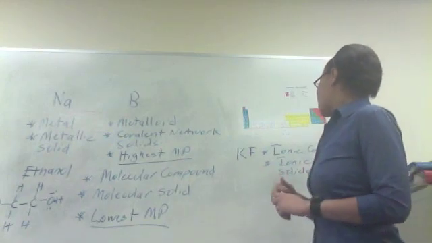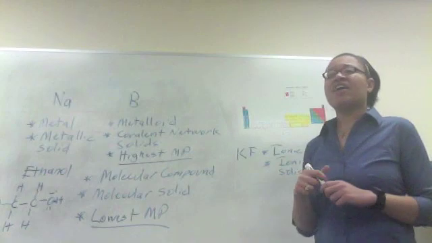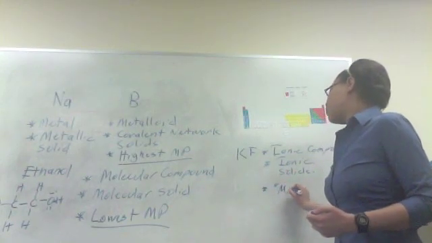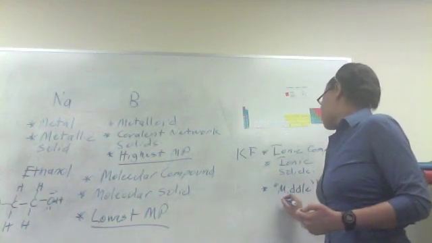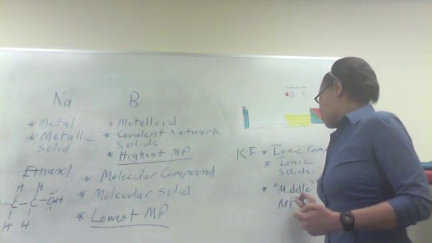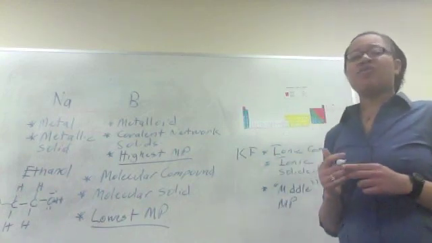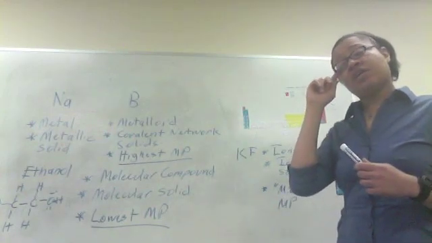And then finally, the ionic compound KF will have, I guess we can call that, the middle melting point. The potassium and fluoride ions are held together by Coulomb interactions or electrostatic interactions.